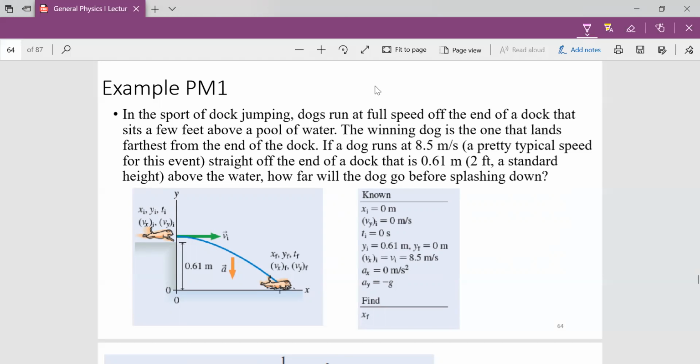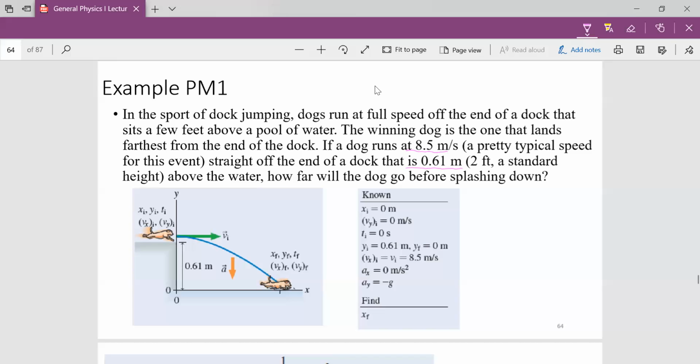So if a dog runs at 8.5 meters per second, which from research is typically the speed of a dog in the dog jump, straight off the edge of the dock, at about 2 feet from the standard height, and lands on the water, how far would the dog go before splashing down?